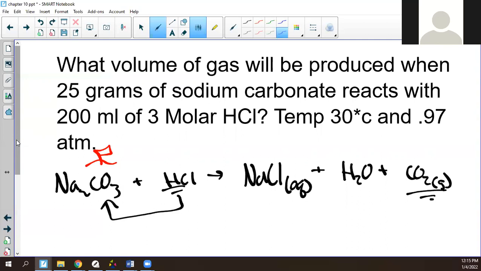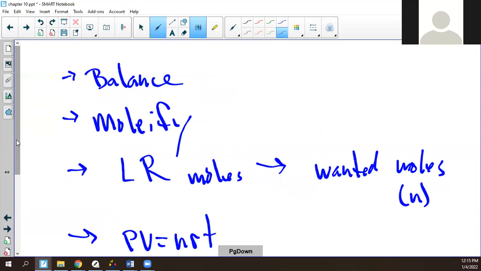Now, we have a way to make gases from solids, make gases from other reactions with gases, and we can keep track of those moles. The n value is all this chemistry is required to find, and then we just PV equals nRT it. I'll come back to this problem in a minute, but we're going to follow this pattern right here. We're going to balance the reaction. We're going to mollify everything.